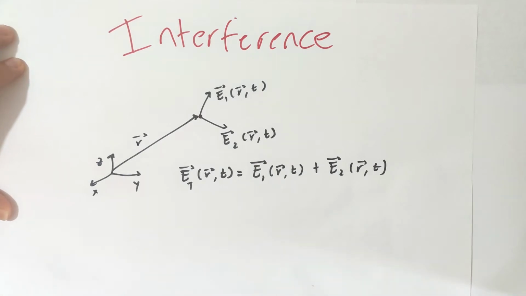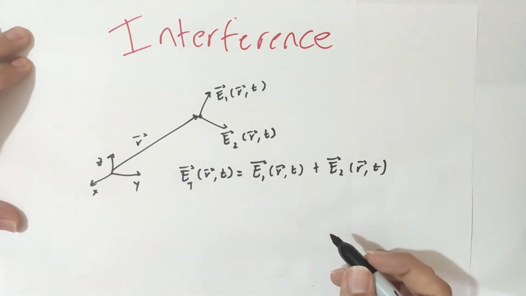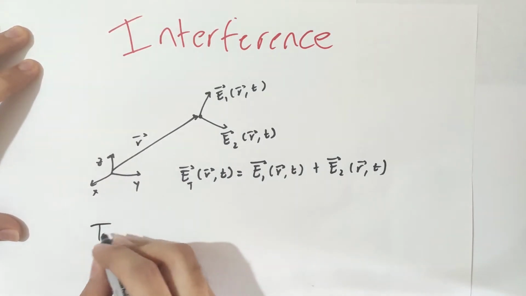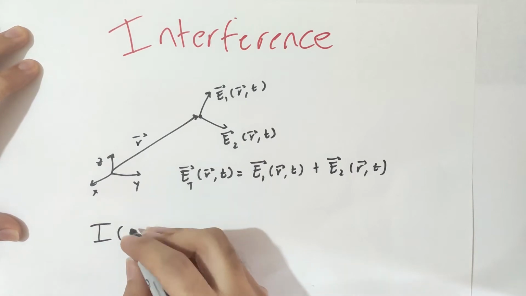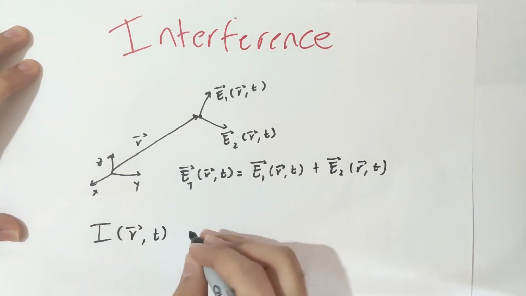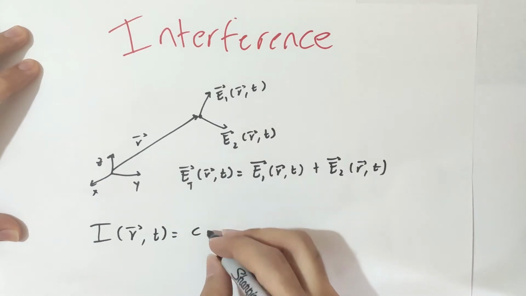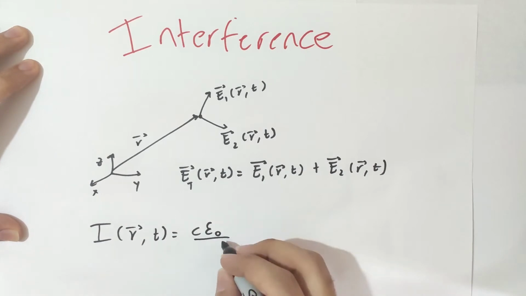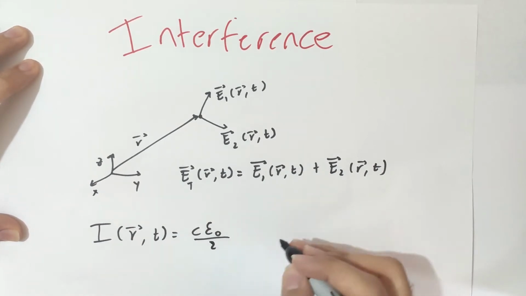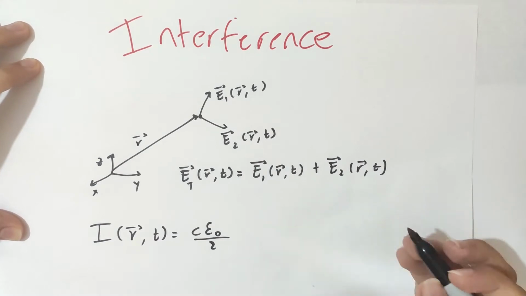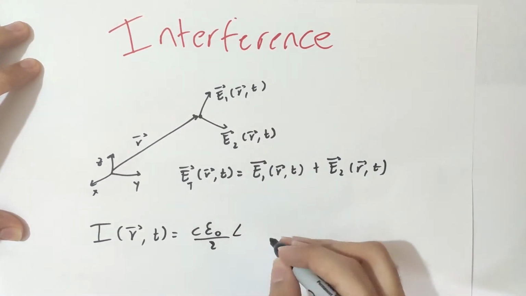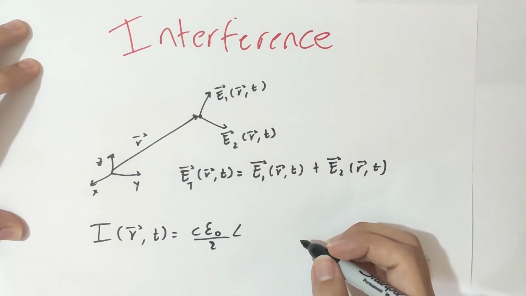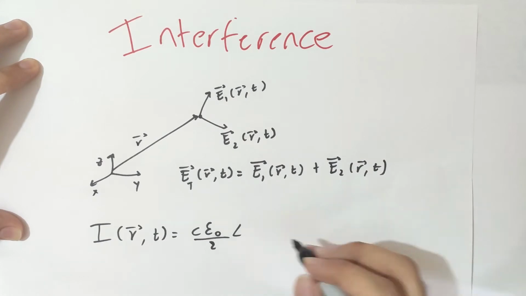Now, what we want to study is the intensity of the electromagnetic field at that point. So we have that the intensity, which is a scalar function of R and t, is equal to c, the speed of light, and epsilon 0, which is the permittivity of space, times the temporal average of the square of the electromagnetic field at that point.